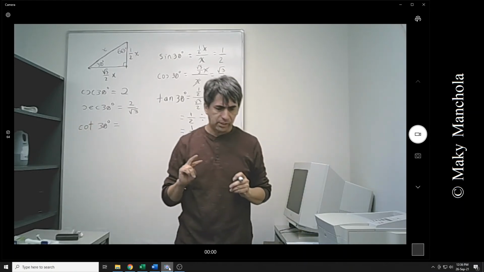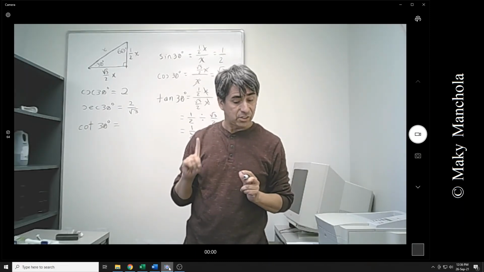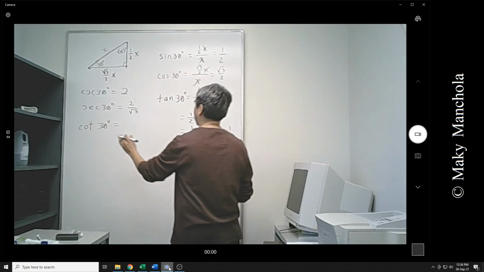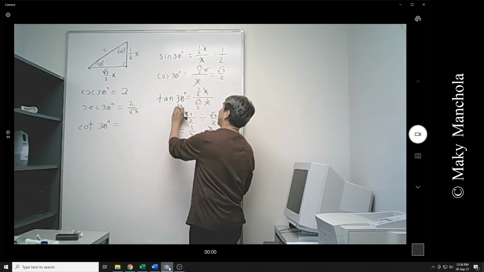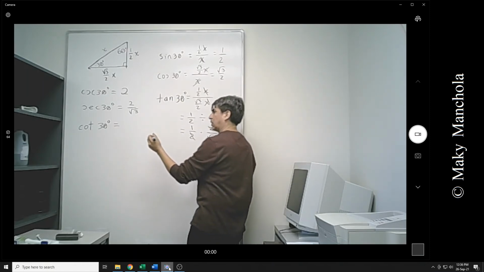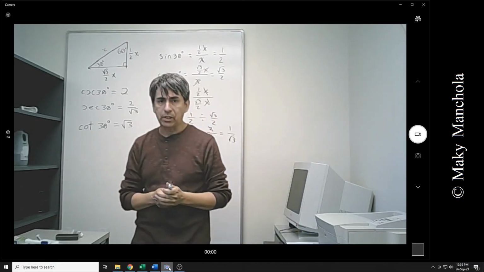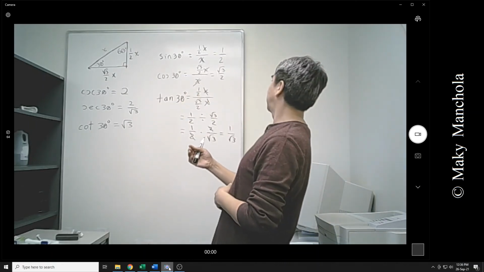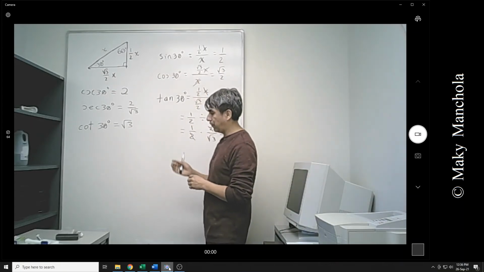Well, we know that the cotangent of an angle is the reciprocal of the tangent of that angle. So in this case, the cotangent of 30 degrees is going to be the reciprocal of tangent of 30 degrees, which will be root of 3 over 1, or simply root of 3. Okay, so here we have all the 6 trig ratios of the angle 30 degrees.